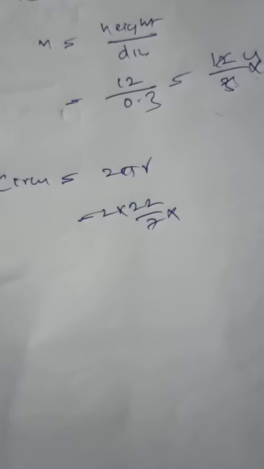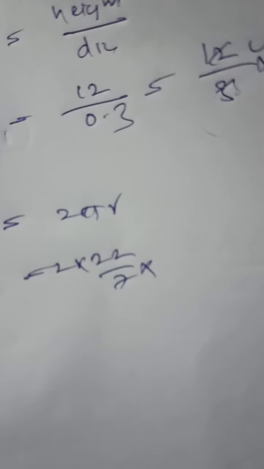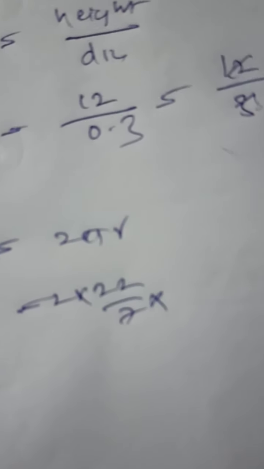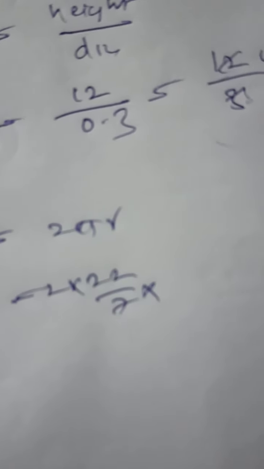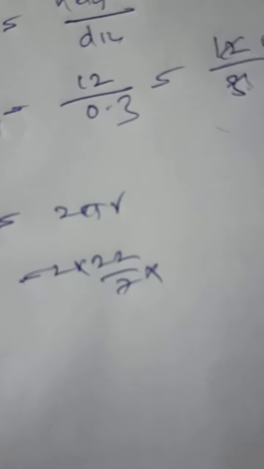Check the data: the diameter is 10 centimeter, so the radius will become 5. Don't be confused, this is the radius of the cylinder, not of the wire.